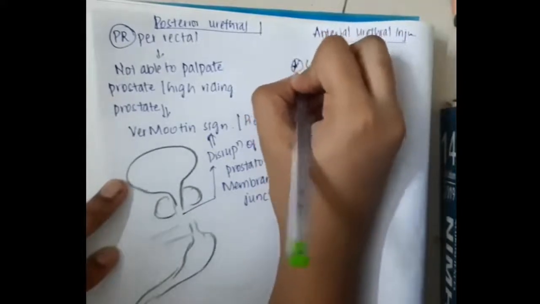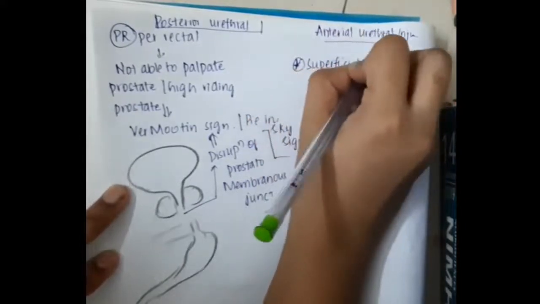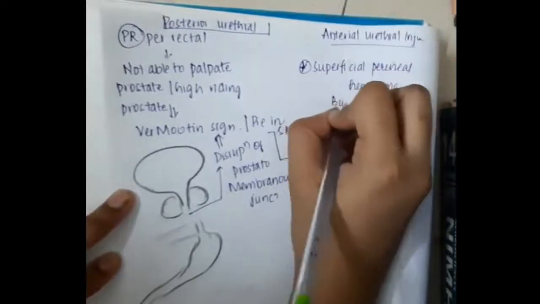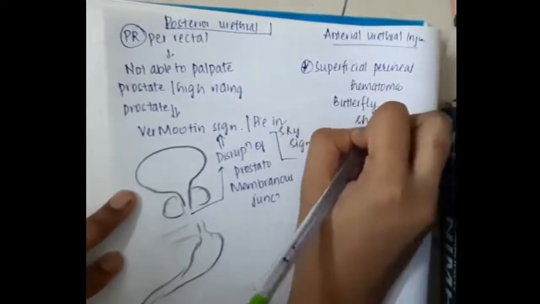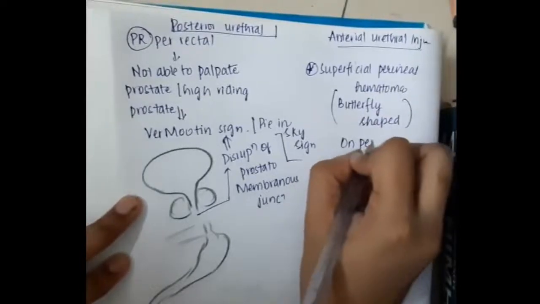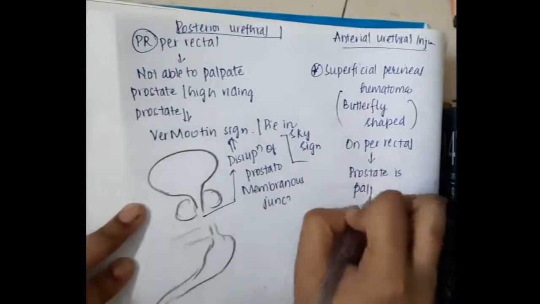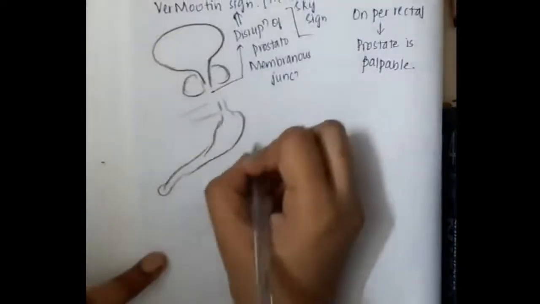Because of the injury, you will see a superficial perineal hematoma, which is butterfly shaped. And if you do a per rectal examination, the prostate is palpable in anterior urethral injury.